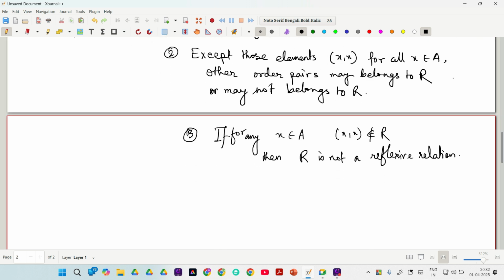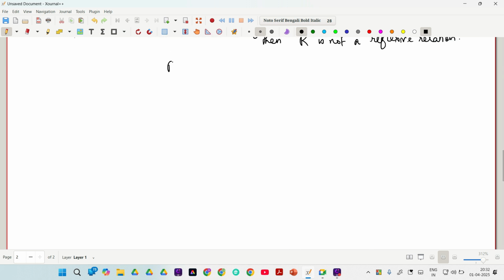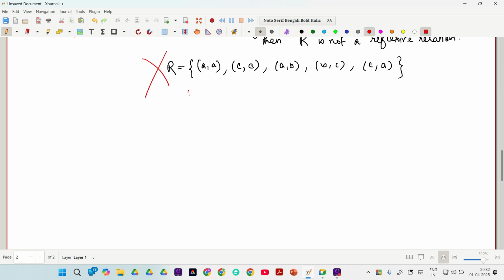So like this, if we take R to be this relation, suppose (a, a), (c, c), and then we are taking (a, b), (b, c), (c, a). This R is not a reflexive relation.